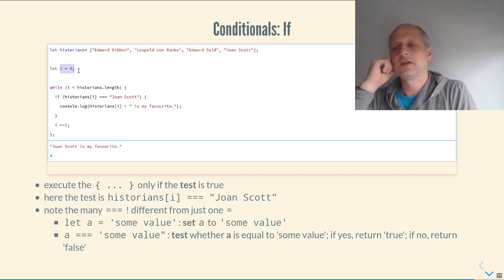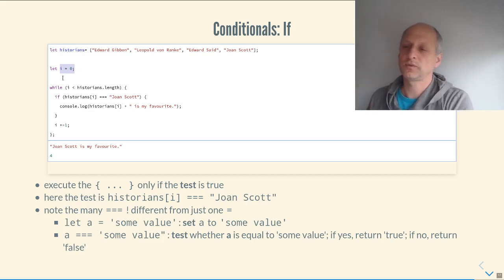And if it is, then it returns the value true, and if not, it returns the value false. So as we go through this loop, we can rewrite this as: if false, do this, so we don't do it. If false, do this, so we don't do that. If false, do this, so we don't do it. And finally, if true, do this. And so we do it in the last instance.